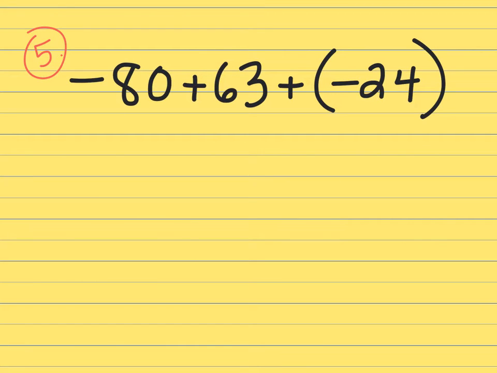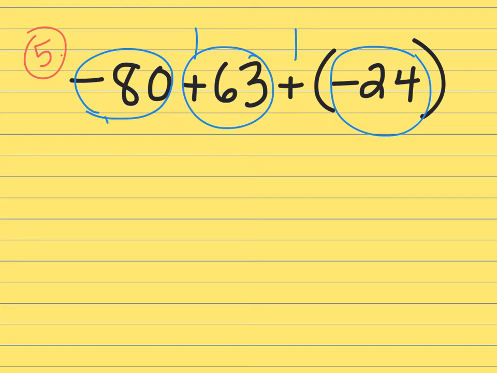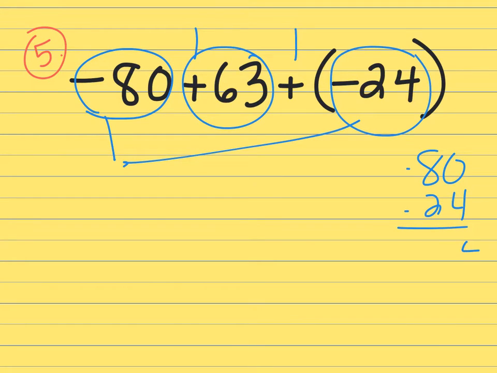What kind of problem is this? Again, I have addition of integers. I have a negative and a positive and a negative that I'm putting together. So in this case, I'm going to put my negatives together. 80 plus 24, because I'm adding them because they have the same signs, is 104.